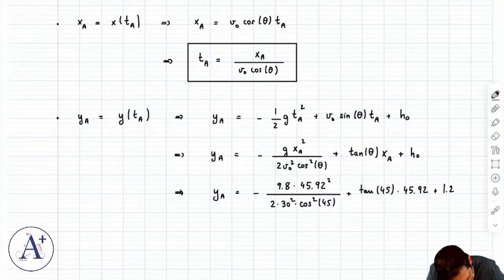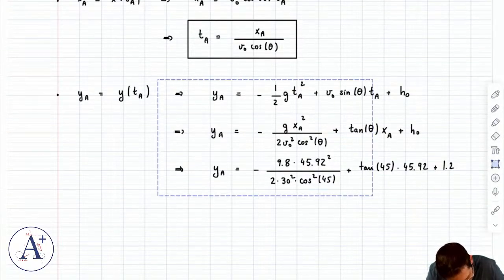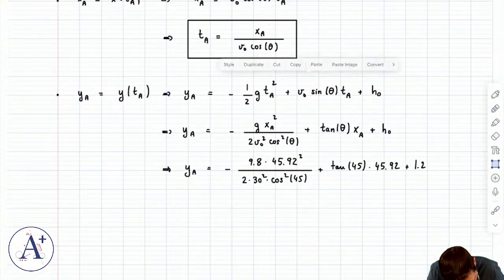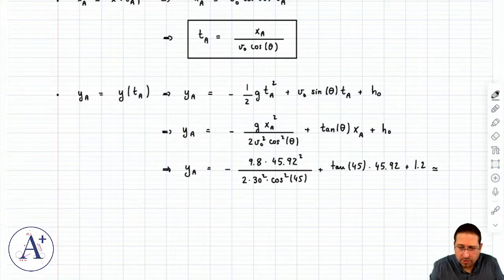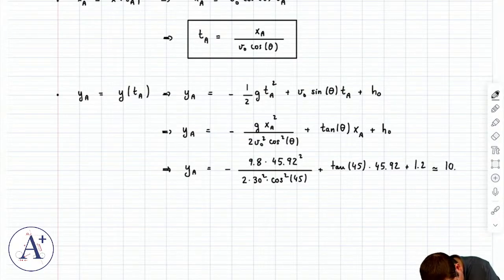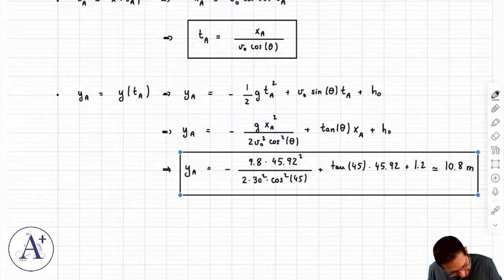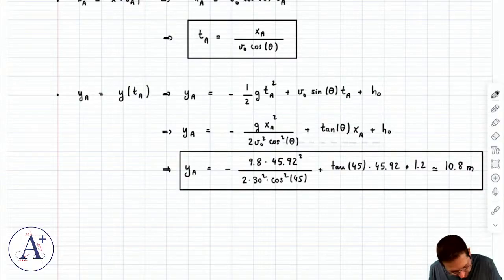Yeah, it is. Okay. Let's make a little bit of room for this. This is going to be approximately equal to 10.8 meters. That's a bit high. He can definitely not catch that, right? That's way bigger than 3 meters.